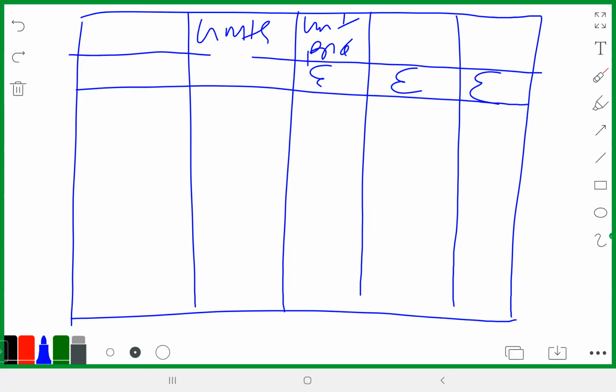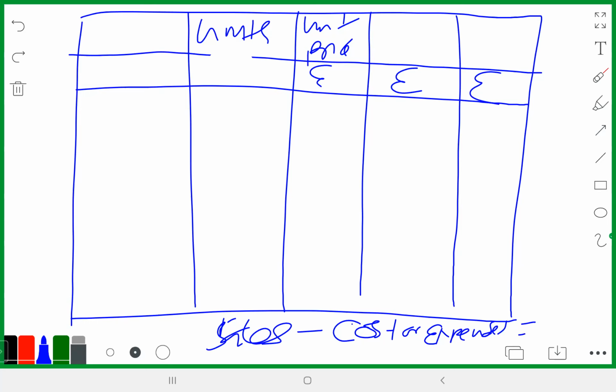First of all, we have been told that we want to calculate the profit. So we know that profit is equal to sales minus the cost of goods sold.